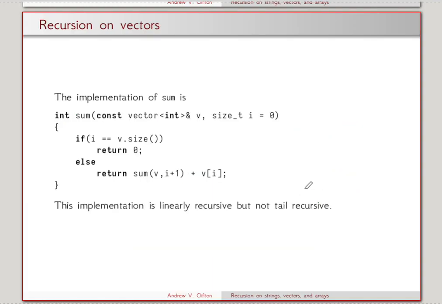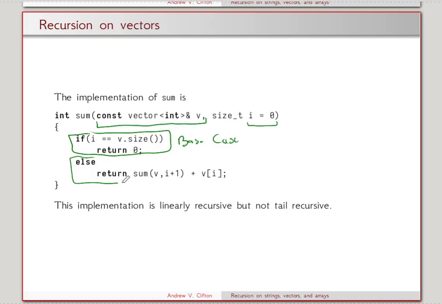So the implementation is pretty short, right? We get our vector by const reference. i defaults to 0. Our base case is just if i is equal to v size, then the sum of that is 0. Otherwise, our recursive case is just add up everything else.